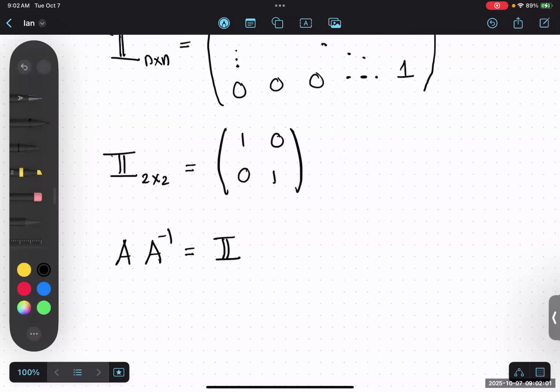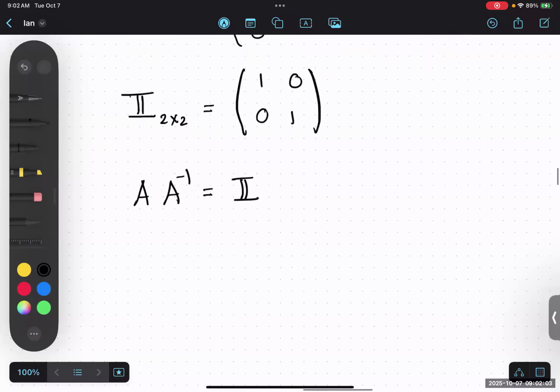Now, at this point, you may wonder what's the inverse of a matrix. I'm not going to teach you the actual formula to obtain the inverse of a matrix. Instead, I will show you the easy case, which is the inverse of a 2 by 2 matrix.